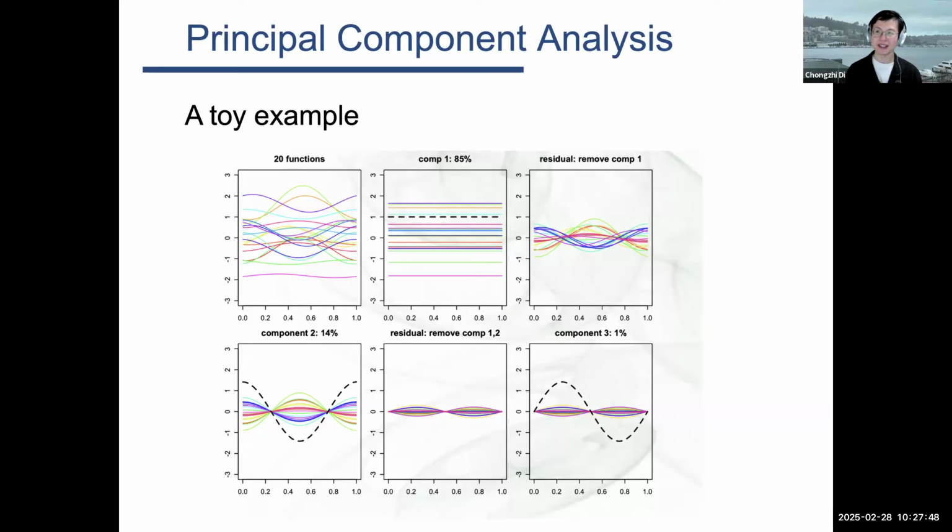Some of them are more important, some are less important. So we hope to find the most important ones, and we also quantify their importance by the amount of variation they explain. In this case, like 85%, 14%, or 1%, right?